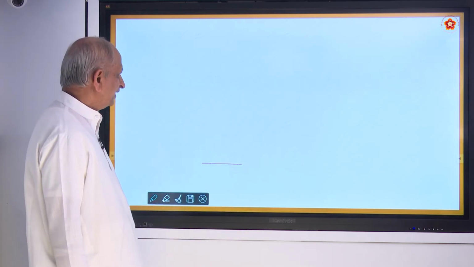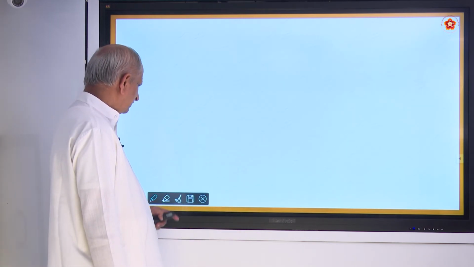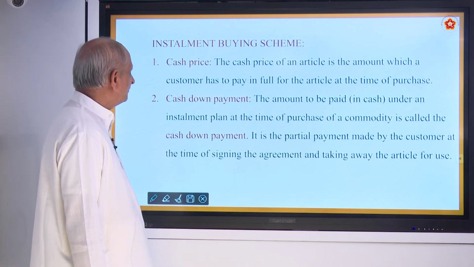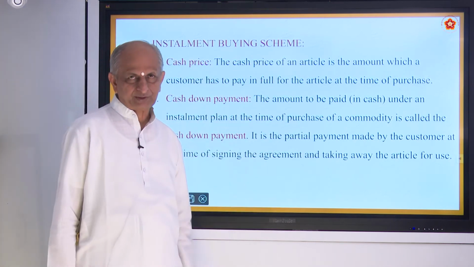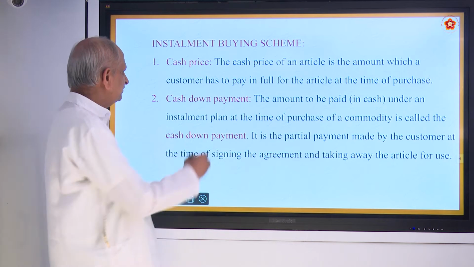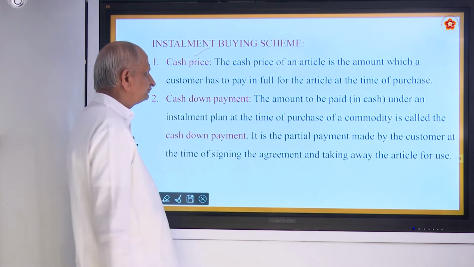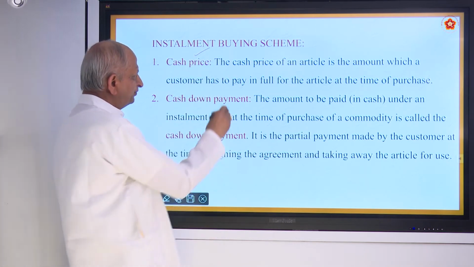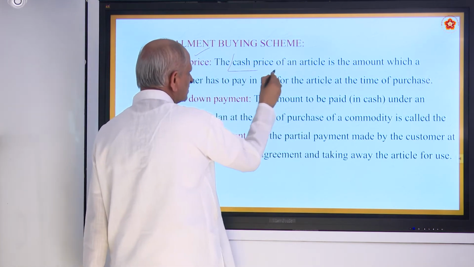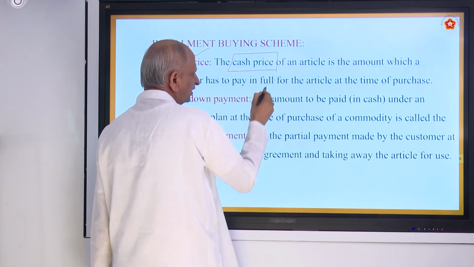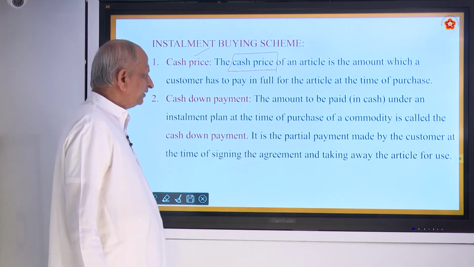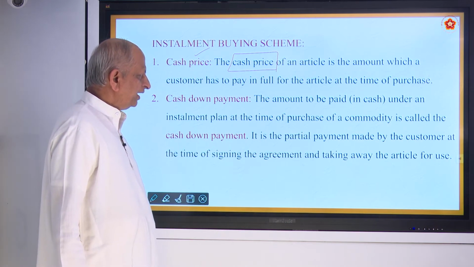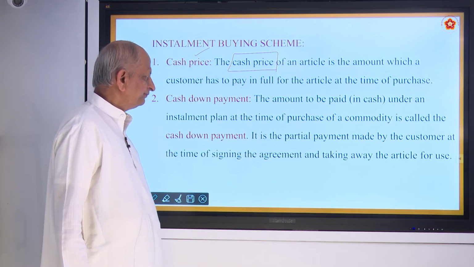Okay, let us see how to work out some problems on that. So the installment buying scheme. Here the first is called the cash price. The cash price of an article, this is a keyword, is the amount which a customer has to pay in full for the article at the time of purchase.